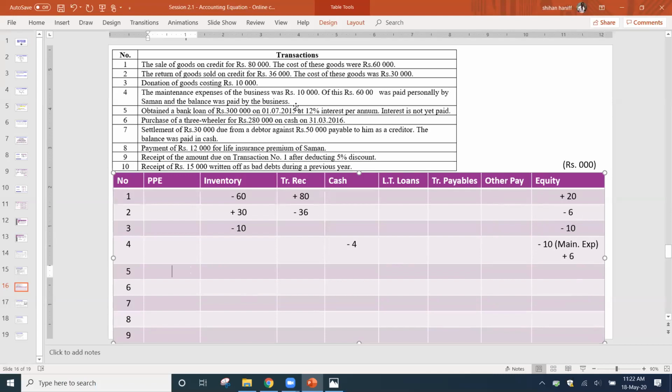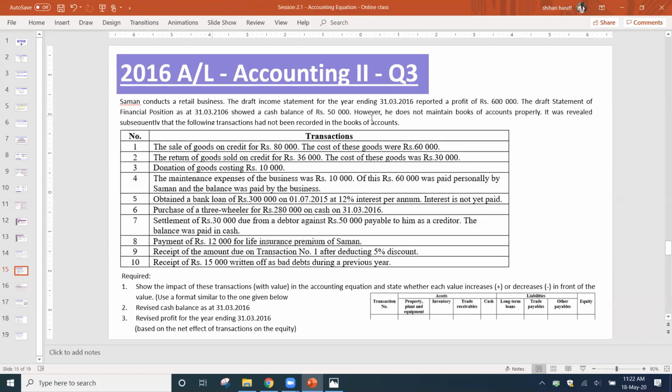Number 5, obtained a bank loan of 300,000 on 1st of July 2015 at 12% interest per annum. Interest is not yet paid. So this question is year ending 31st March 2016.